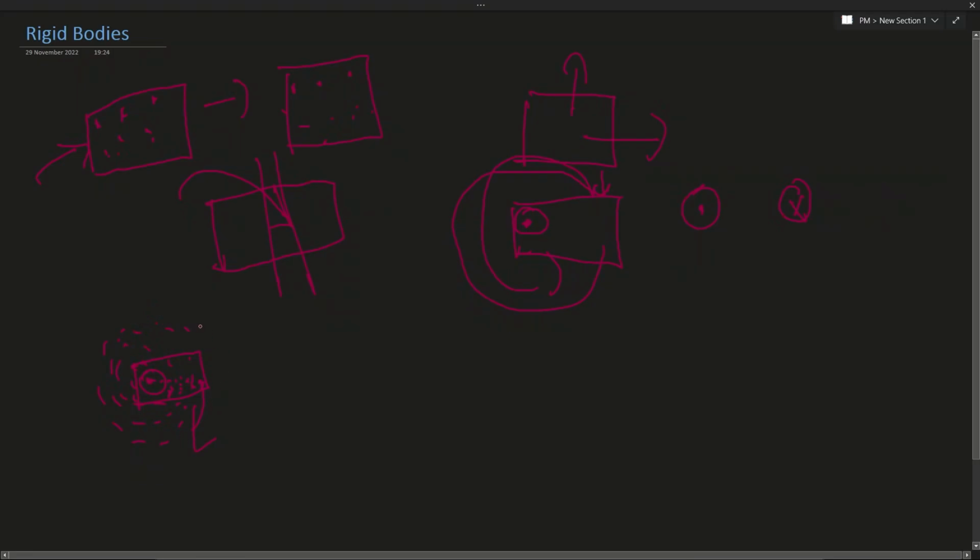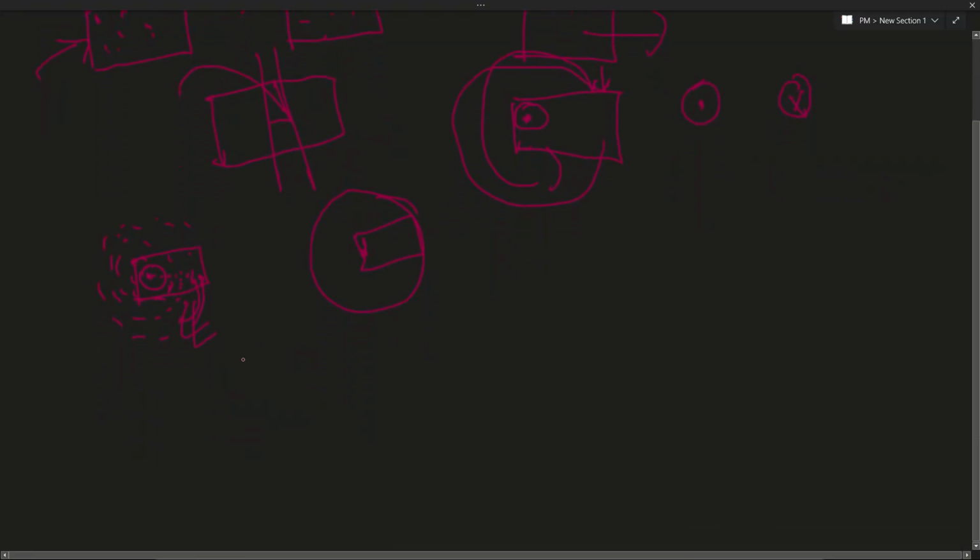This basically helps us to summarize the rotational motion of any body into that of a disk. If this moves in this way, then we can see that it follows a path similar to that of a disk. So let's look at rotational motion as just the motion of a disk.